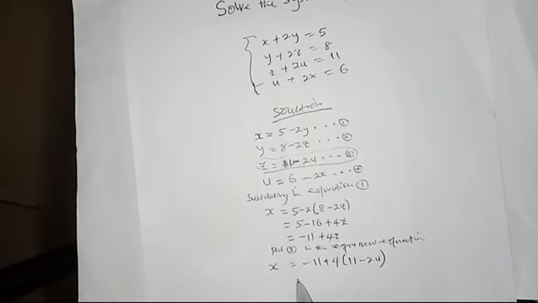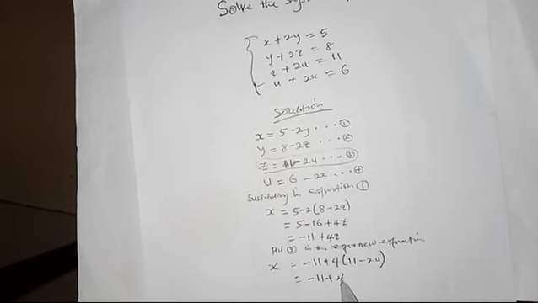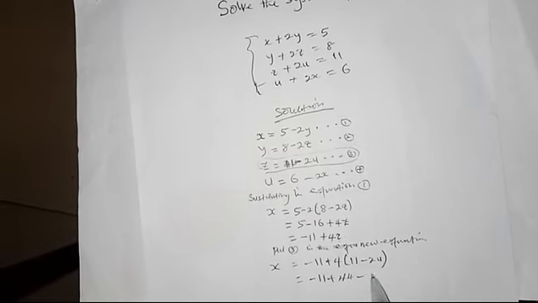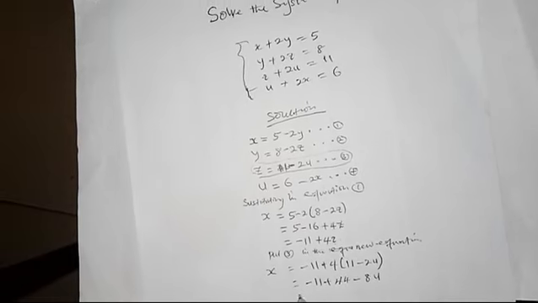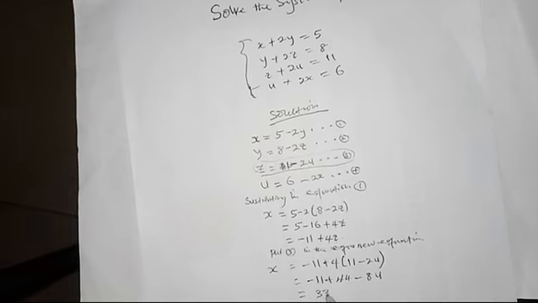Okay, now simplifying further, this is minus 11 plus, if you multiply through the bracket, 44 minus 8u. Okay, simplifying further, this will give you 33 minus 8u.